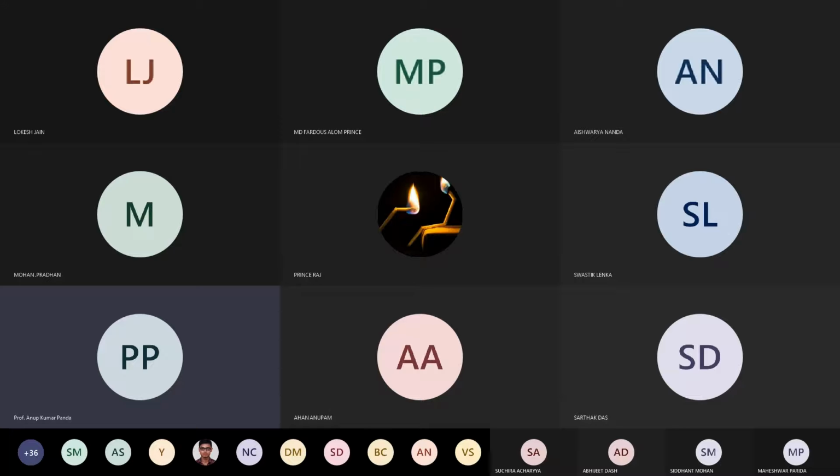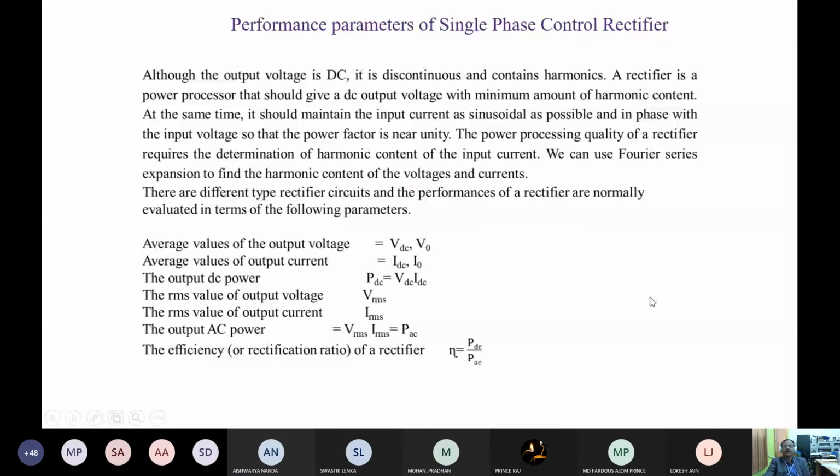There are different parameters which will determine the performance of the converters of a control rectifier. We have seen that the input voltage is sinusoidal, that is from the grid, from the source, but the load current waveform is reflected on the line side, so that is not sinusoidal.